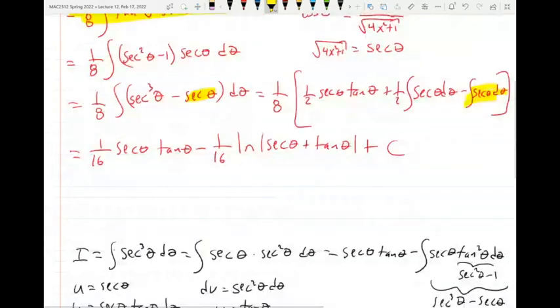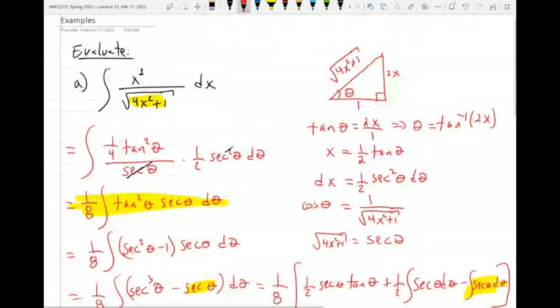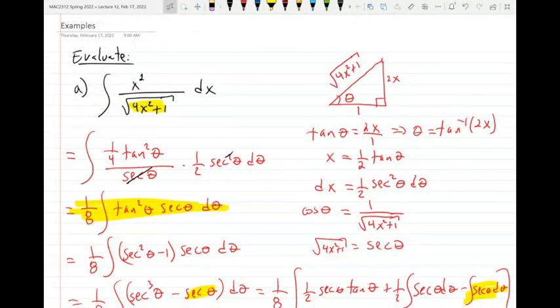Okay. All right. So now what we need to do is go back to x. How do we go back to x? Let's go to our triangle. So this is 1/16 times, what do we need? Secant of theta. What's secant? Hypotenuse over adjacent.